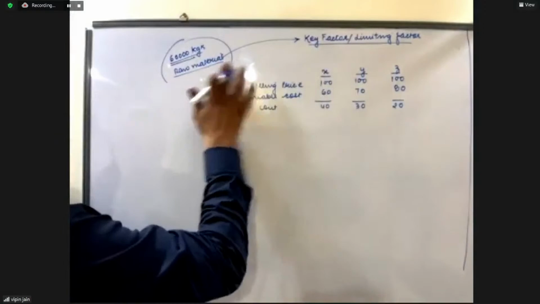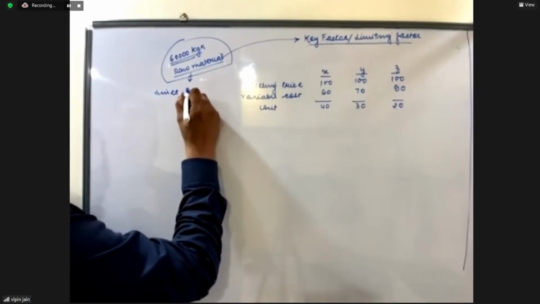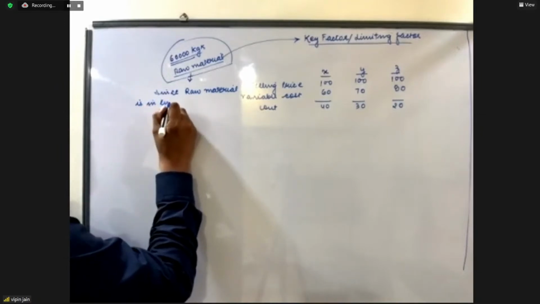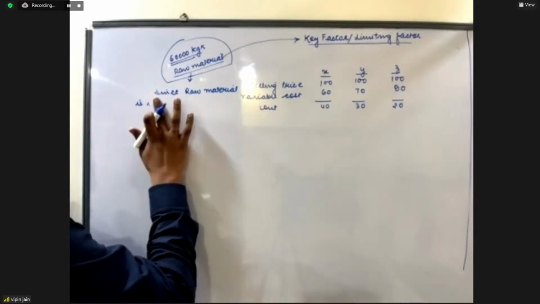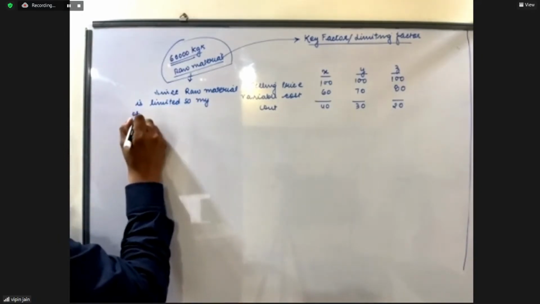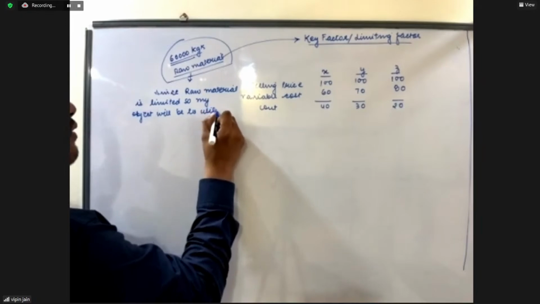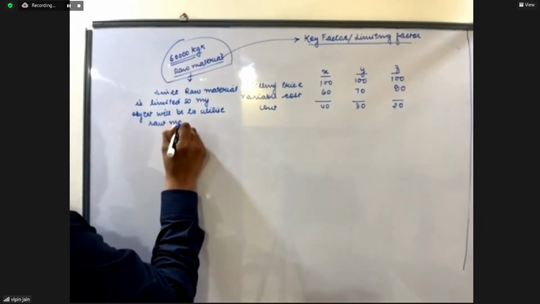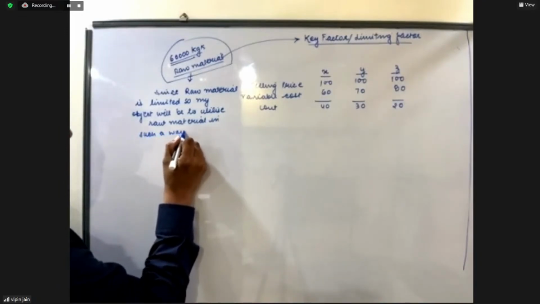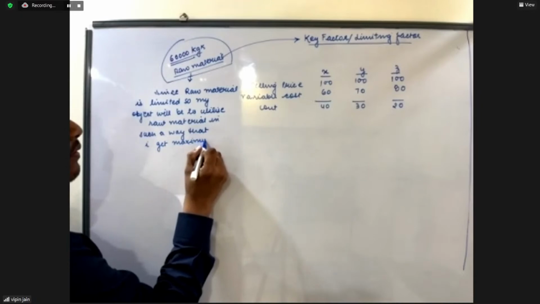Since raw material is limited, my object will be to utilize raw material in such a way that I get maximum profit.